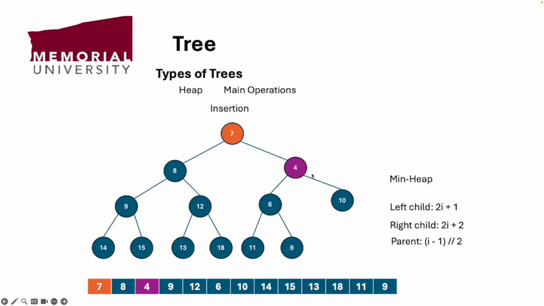So from 7, we can calculate the index of the right child: 0, 1, 2, so right child is index 2. We need to swap, right? 7 and 4 need to be swapped. So it means 4 goes up, 7 goes to the right place.